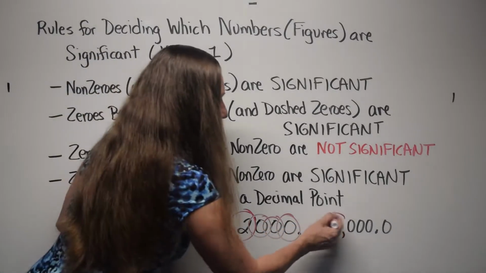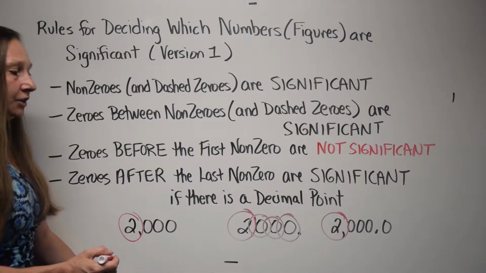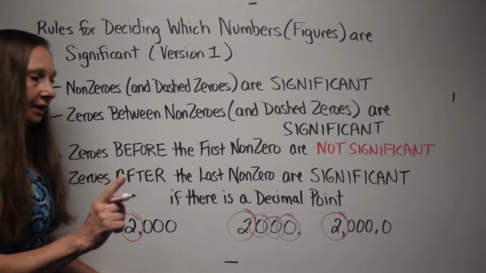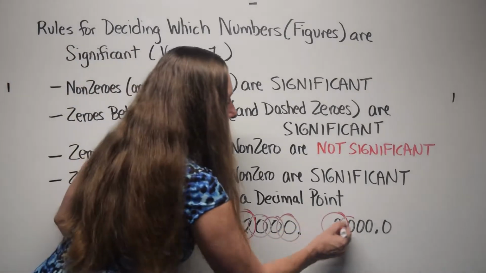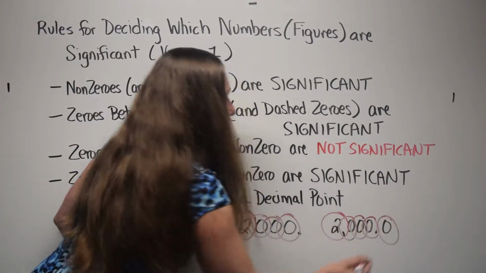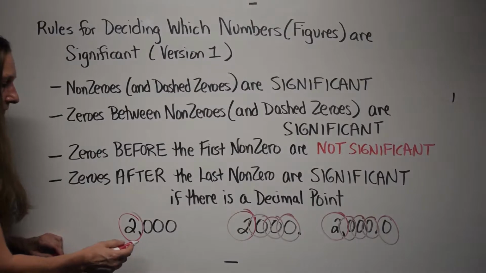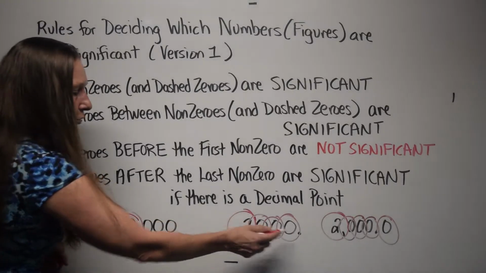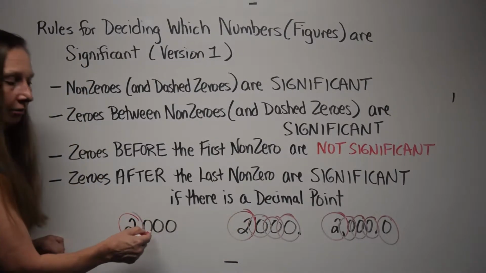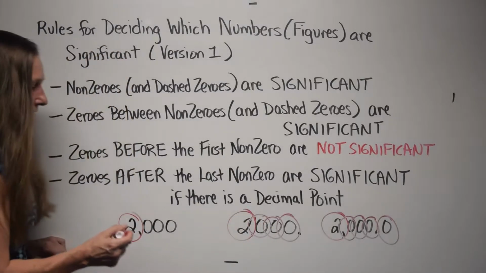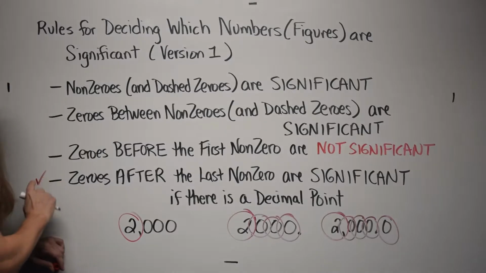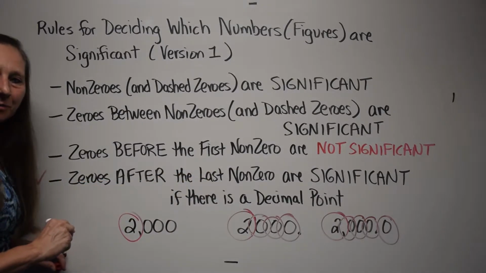Again, zeros that are after the last non-zero are significant if there's a decimal point. Well, there's a decimal point, so all these zeros are significant. Notice again that the presence of a decimal point changes these 3 zeros from not significant to significant. That's what this last rule here is telling us.